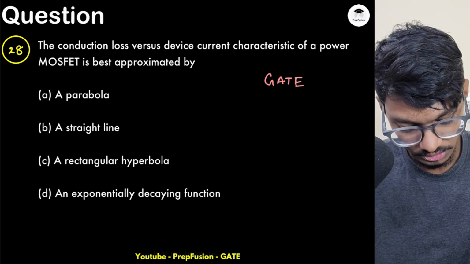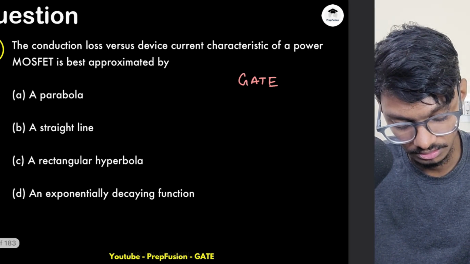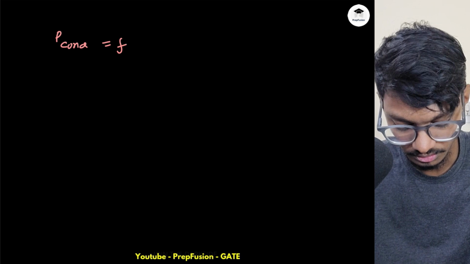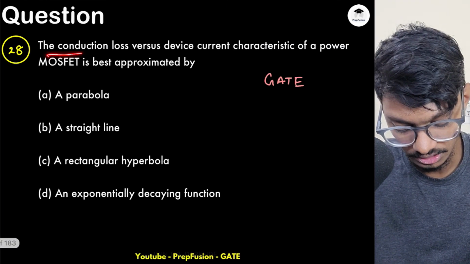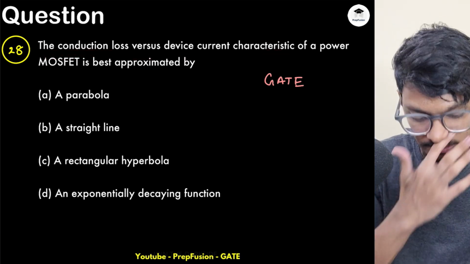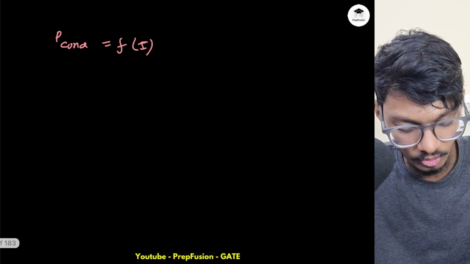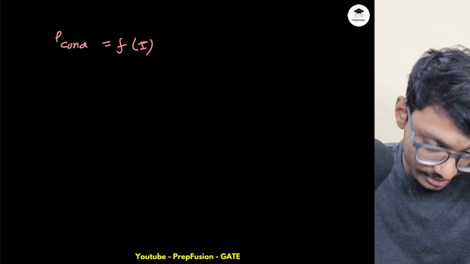Okay. So basically, it is asking us about the power P conduction as a function of current I. This is what this question is asking us. The conduction loss versus device current characteristics of a power MOSFET is best approximated by what? Basically, we can replace our MOSFET when it is on.